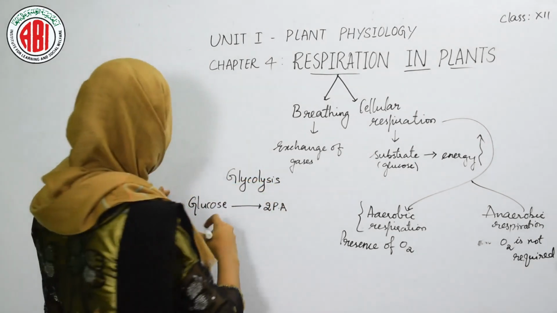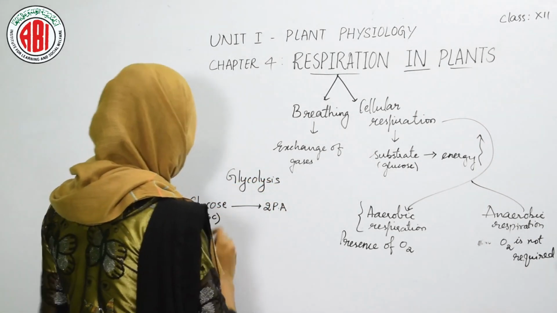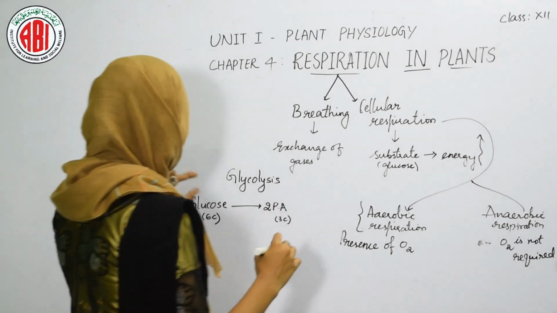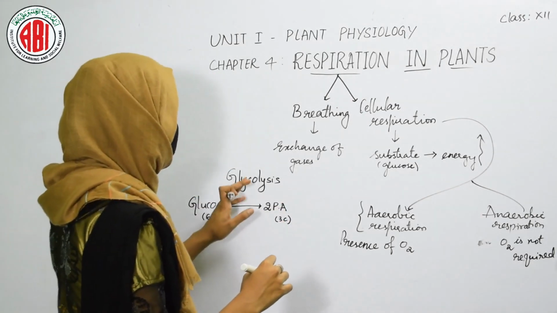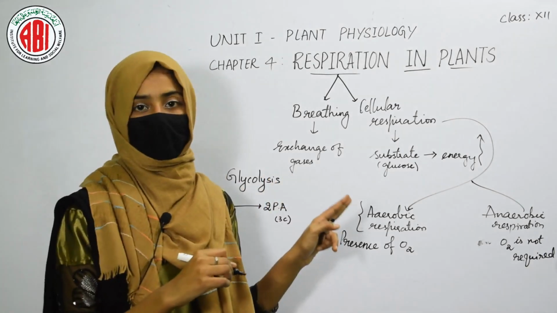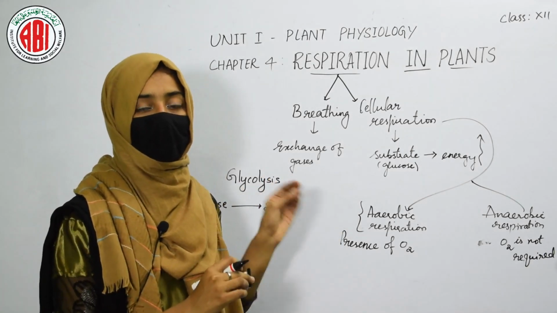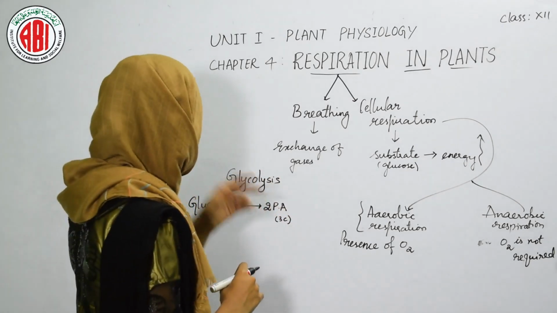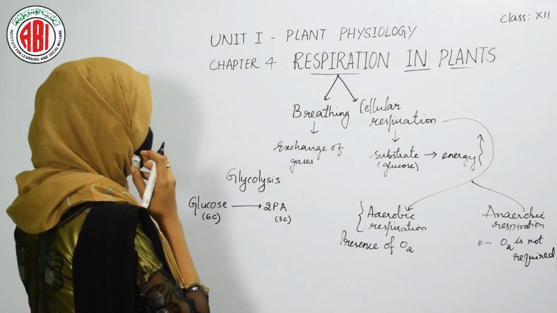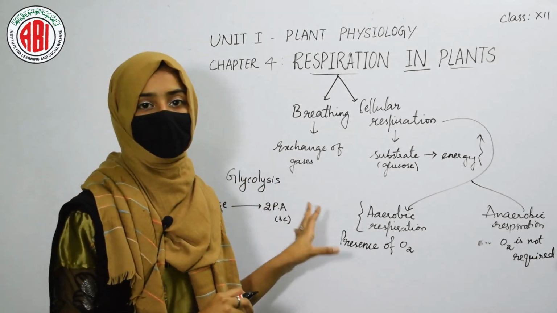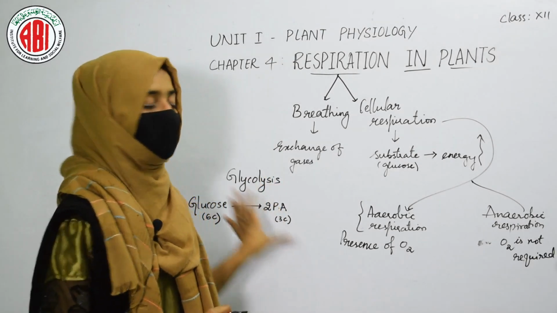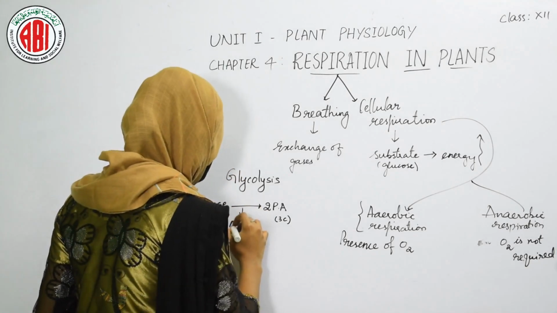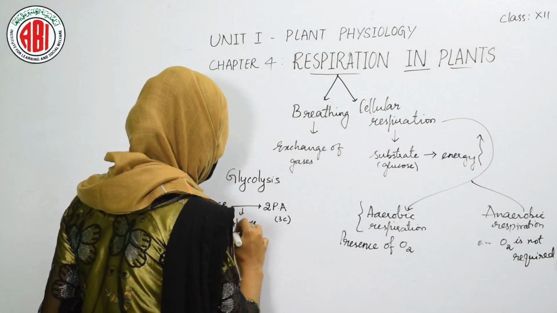We know that glucose is a 6-carbon compound, and pyruvic acid is a 3-carbon compound. So glucose gets converted into two molecules of pyruvic acid, which gives 6 carbons in total. In this way, glycolysis takes place, that too in the absence of oxygen.